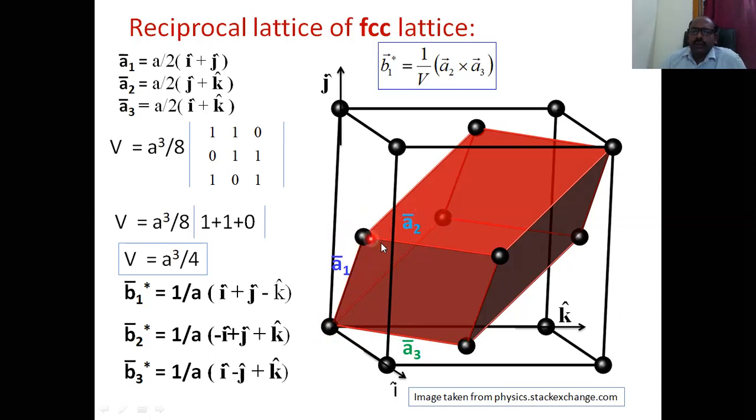Those face centers we are considering. These form a primitive unit cell, the one shown in red color. If we observe this primitive unit cell, it has lattice points only at the corners, not anywhere except corners. Therefore, it is a primitive unit cell.